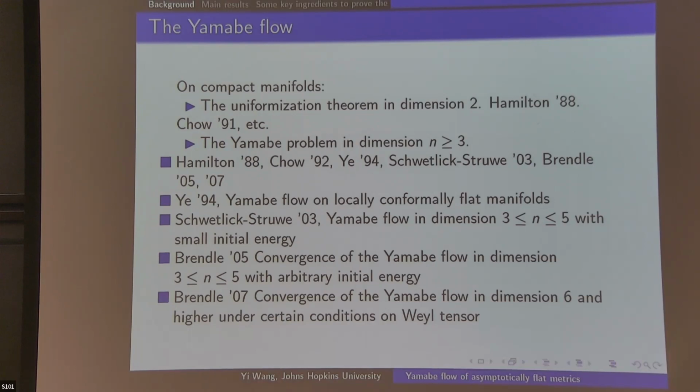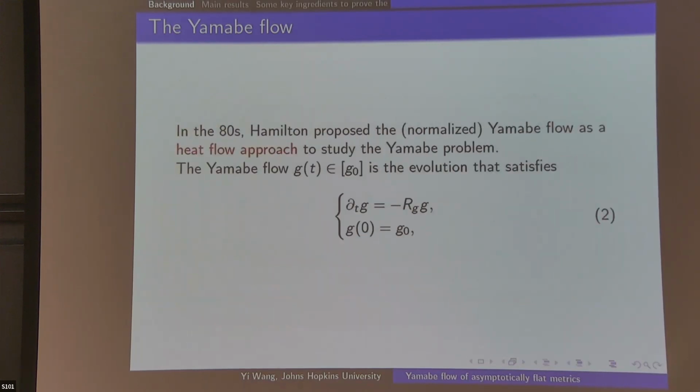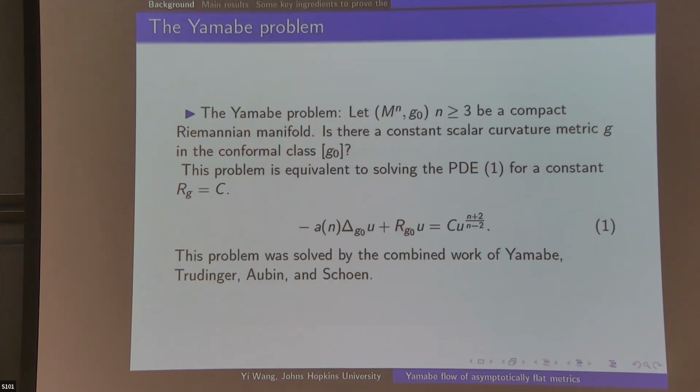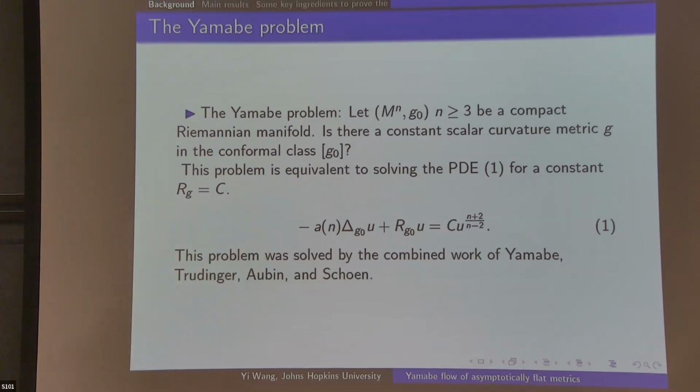So the Yamabe problem is actually a variational problem. Let me come back to that a little bit to repeat what Peter has pointed out. Even though it looks like you're solving an equation, this equation is actually a critical point of some functional. So when you're trying to find the critical point, you can do it by finding the minimizer.